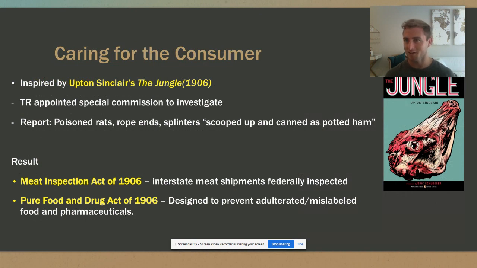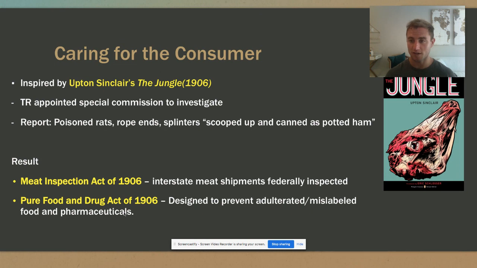Also, caring for the consumer, one of the parts of his Square Deal, and especially initiated by the Upton Sinclair book, The Jungle, which is looking at the Chicago meat houses. Upton Sinclair actually was trying to point out the terrible working conditions that the Chicago workers in these slaughterhouses were working in.